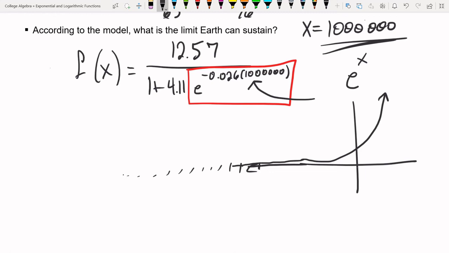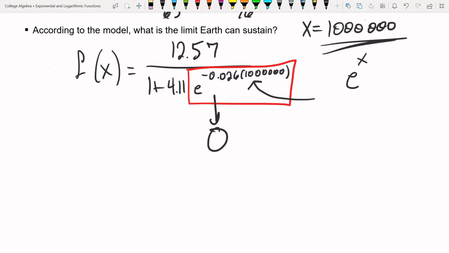And essentially, the limiting value, the limit that Earth can sustain, right, is when x goes off to infinity, an infinite number of years. This is assuming, right, everything stays the same. That eventually this thing will just go off towards negative infinity, which gives us this thing goes to 0. So that e function goes to 0.